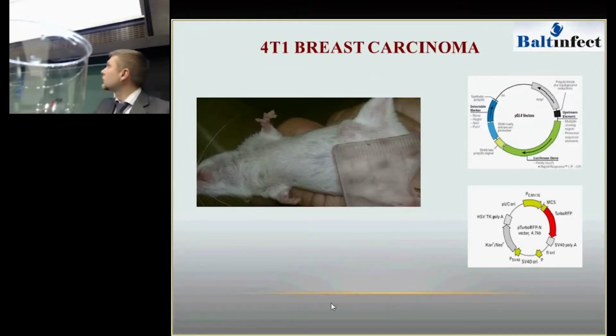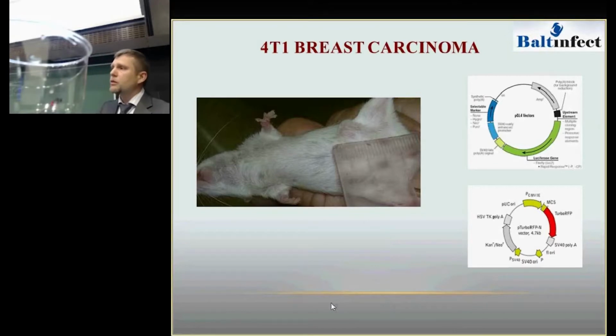And now I'd like to show you some data obtained on a model of breast cancer. As you know, breast cancer is a very severe disease with a lot of metastases to the brain and to the bones, and such metastases are rather difficult to treat.